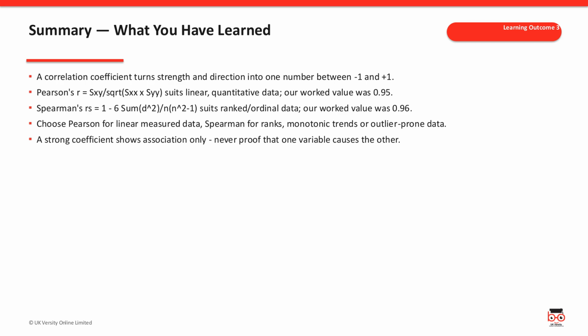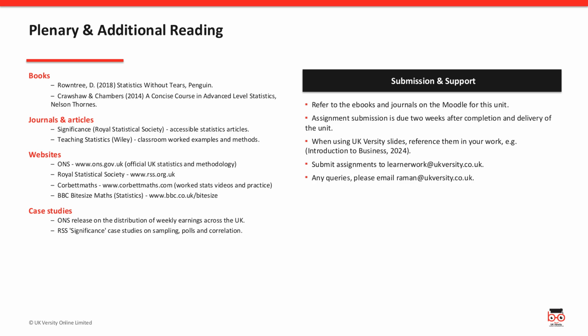Spearman's coefficient, 1 minus 6 times the sum of d squared over n times n squared minus 1, suits ranked or ordinal data, and ours came out at 0.96. Choose Pearson for measured linear data, Spearman for ranks or outlier-prone data. And remember, a strong coefficient still shows association, not cause. And that completes our work on measuring correlation.